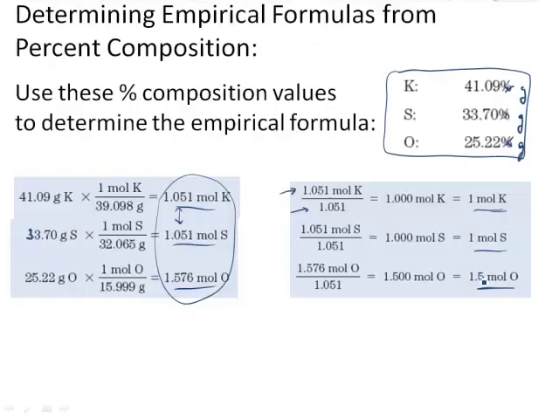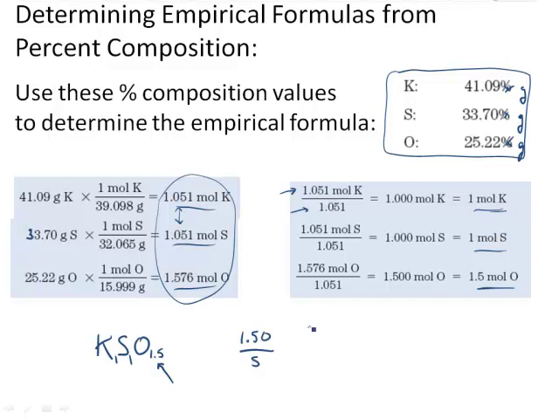And here's the idea. What you have is a formula that is initially KSO1.5. And remember, there's a 1 here and a 1 here. So what this 1.5 means is that you have 1.5 oxygens per sulfur.